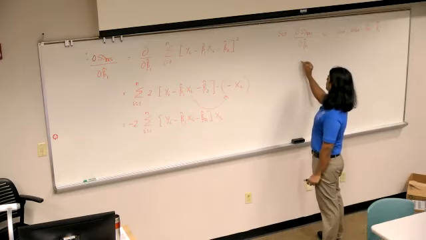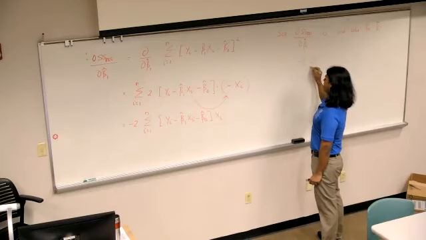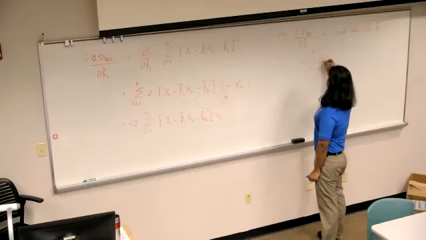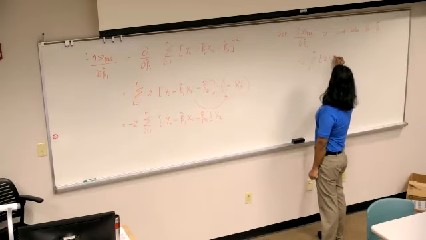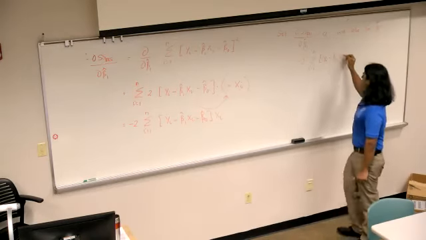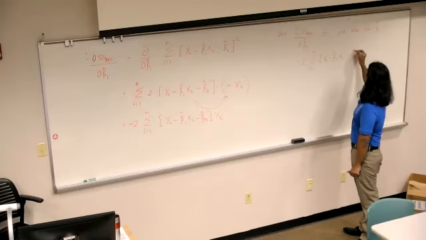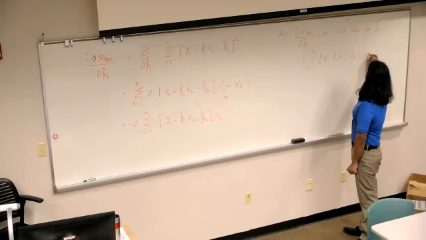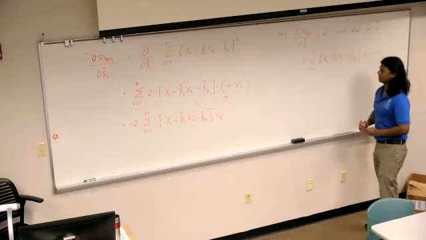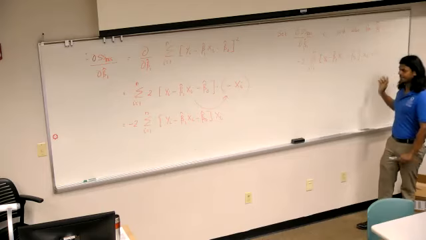So negative 2 times sum, yi minus beta 1 hat xi minus beta naught hat times xi equal to 0, divided by negative 2.